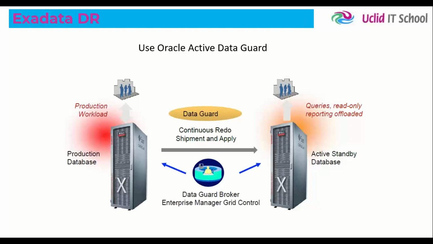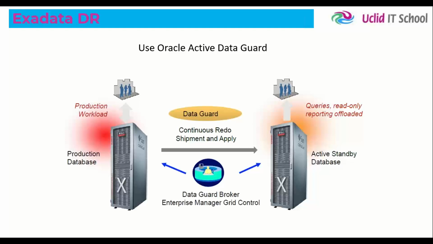If there is a disaster hitting your data center, there is a fire in the data center, your rack is gone. Then how do you manage? That is where Data Guard comes into the picture. So if you want to protect your database, your Exadata system against disasters, you need to implement Data Guard.